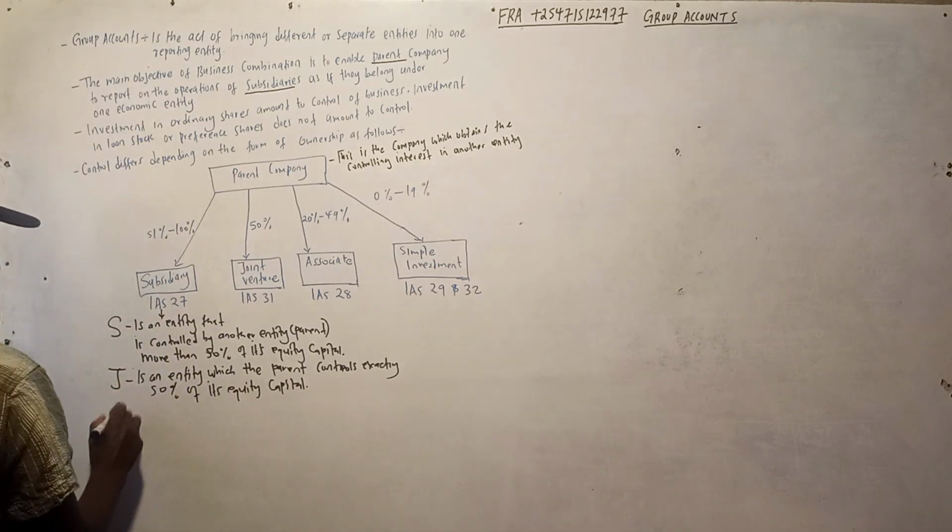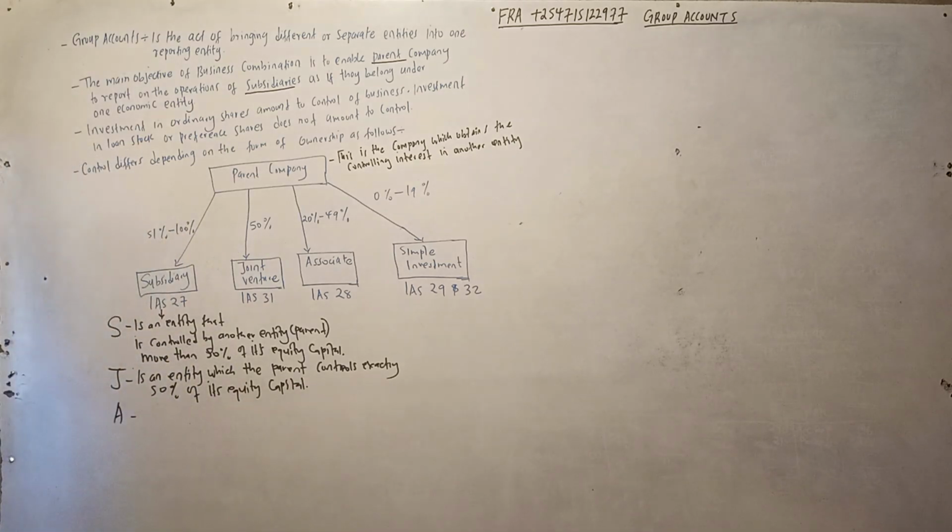So that is the joint venture. When we talk about the joint venture, remember we are talking about an entity where the parent company controls exactly 50%.